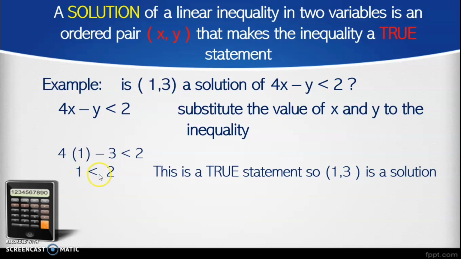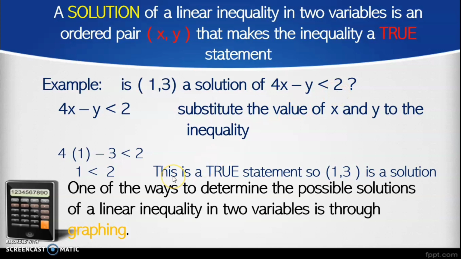So 1 is less than 2, and this statement is true, because 1 is smaller than 2. This means the ordered pair (1, 3) is a solution to the inequality 4x minus y less than 2. One of the ways to determine the possible solutions of a linear inequality in two variables is through graphing.